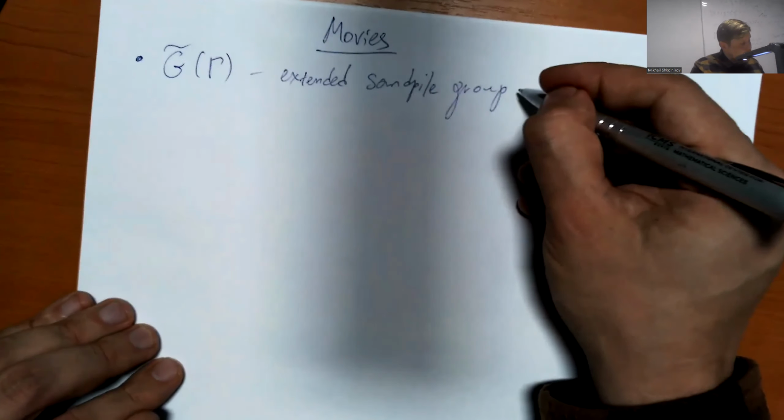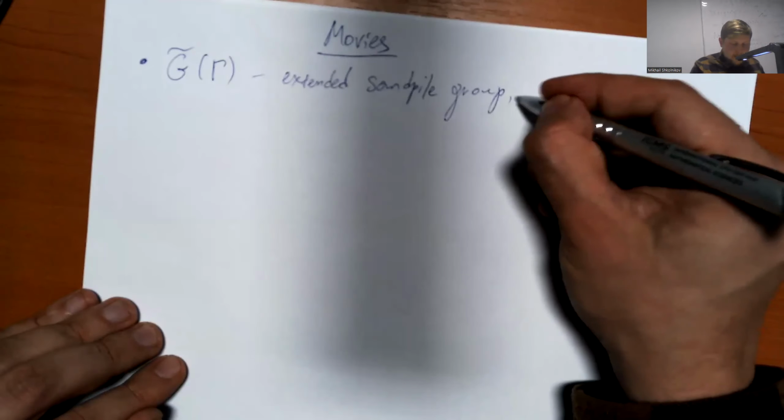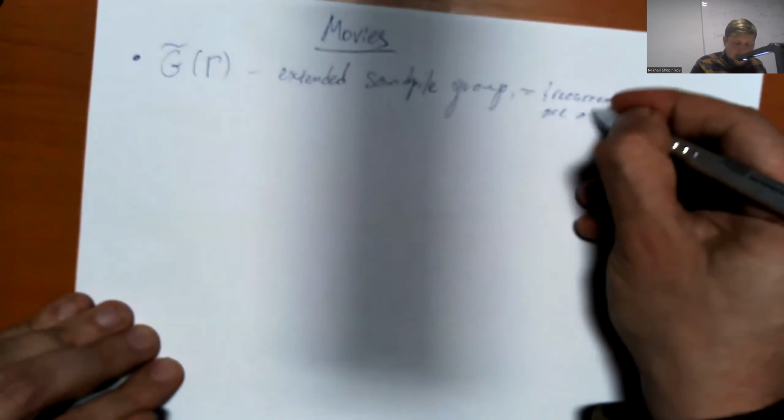You can think of it as recurrent states which are allowed to have real values, but only along the boundary.